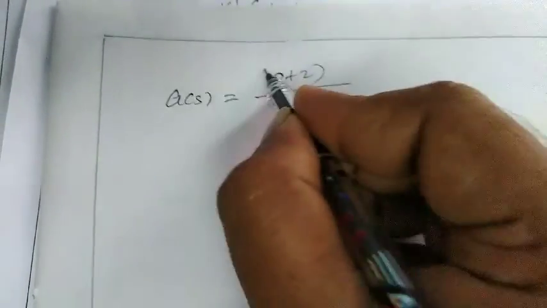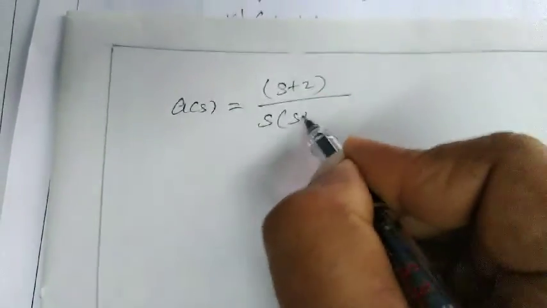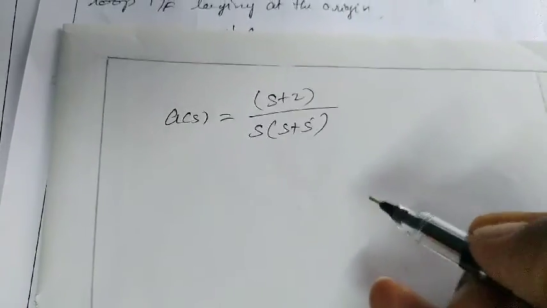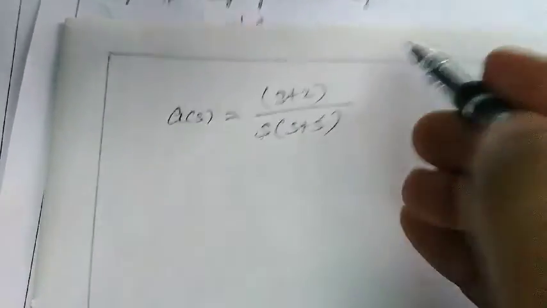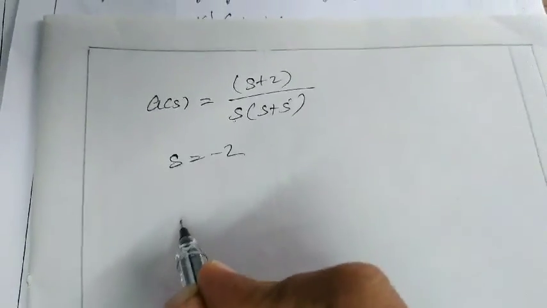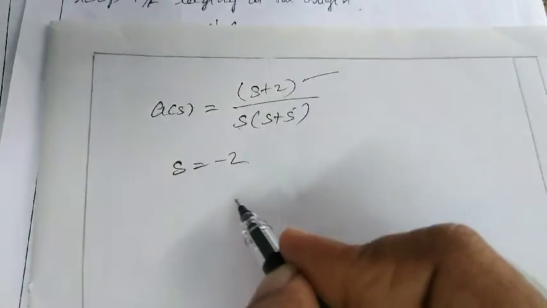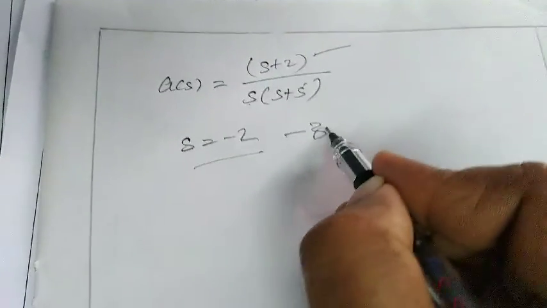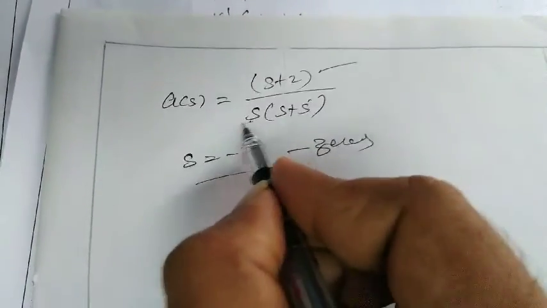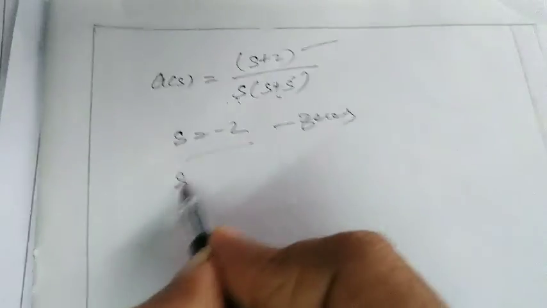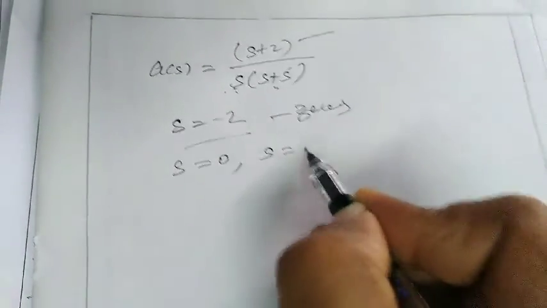For example, I'll give you one example. Suppose I have a transfer function G(s) as (s + 2) divided by s(s + 5). Here the root for the numerator is s equal to minus 2, which is a zero. For the denominator I have two roots, one is s equal to 0 and one is s equal to minus 5.